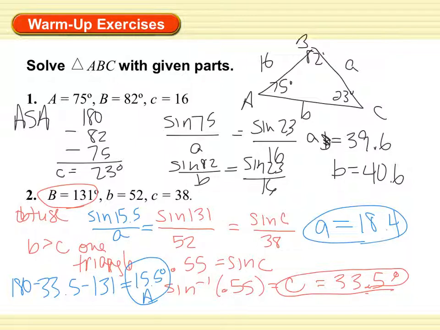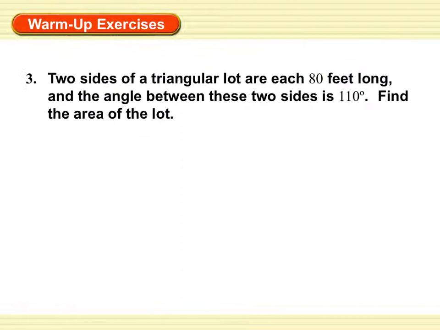So I've got all my pieces and parts. Yep, ABC, ABC. Okay, last one. Two sides of a triangular lot are 80 feet long, and the angle between those two sides is 110. So I have angle, side, angle, and we are obtuse. Let me check the chart on that page again.